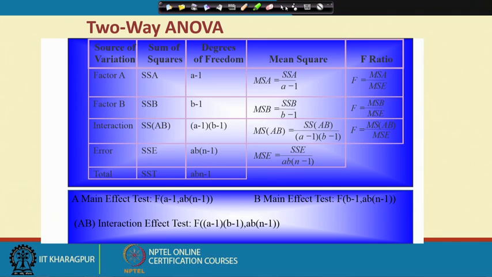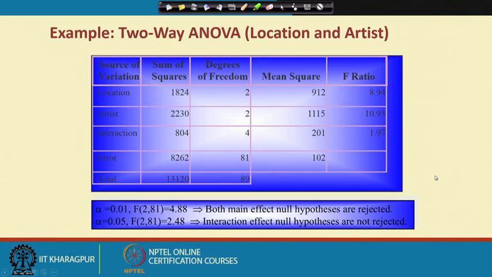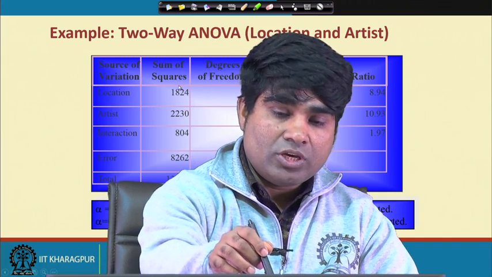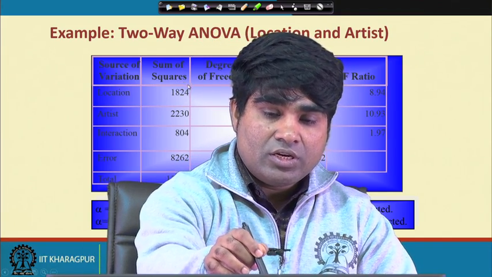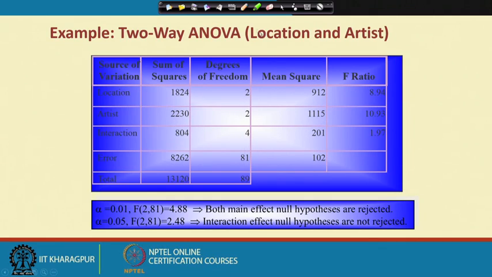So, let us take these examples and see how the structure looks. This is with a particular sample, and with two kinds of factors, location and artist, with this kind of data analysis. So, we have SSA here and SSB here, and then the interactive effect, and then the SSE, that is the sum of squared errors.